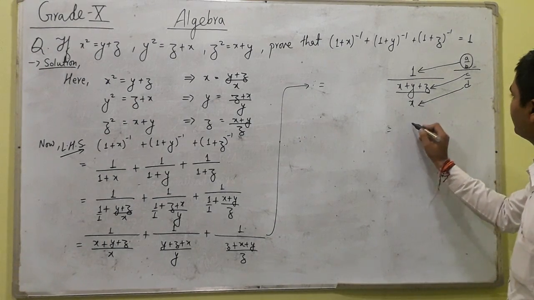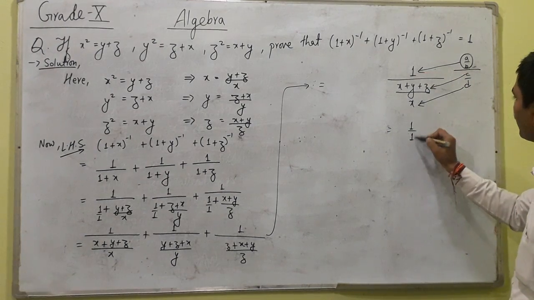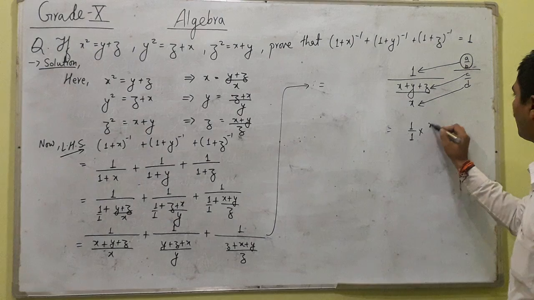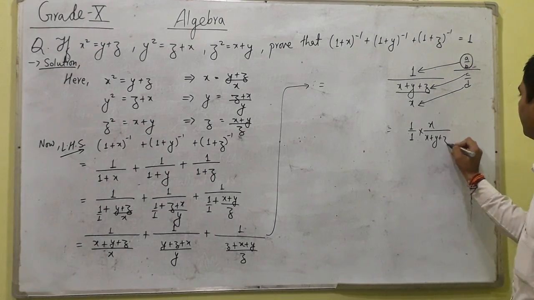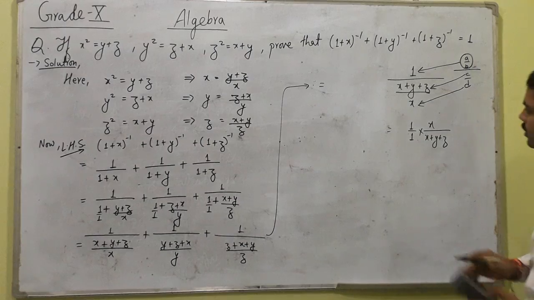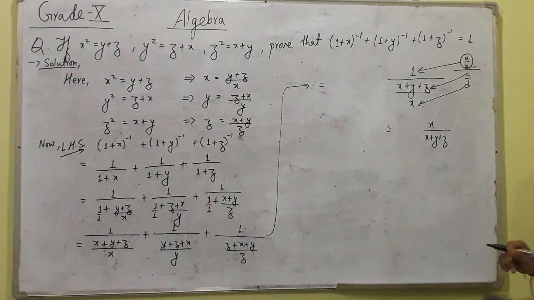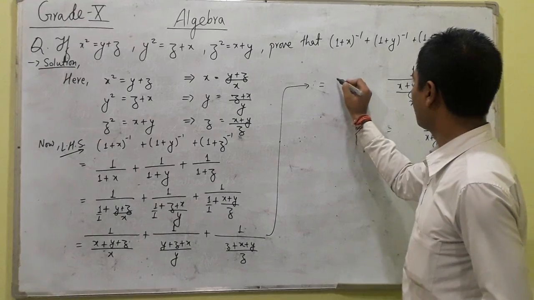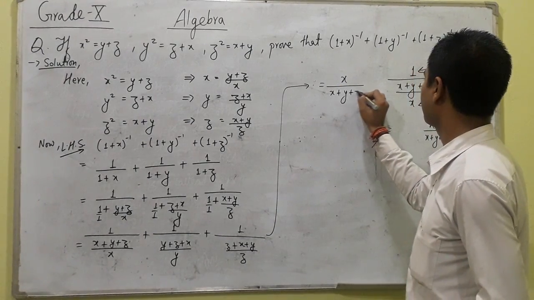So 1 can be written as 1 upon 1, x will go up and x plus y plus z upon x will go down. In short, you can write x upon x plus y plus z.